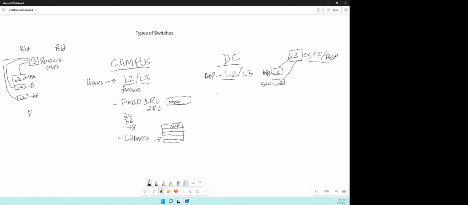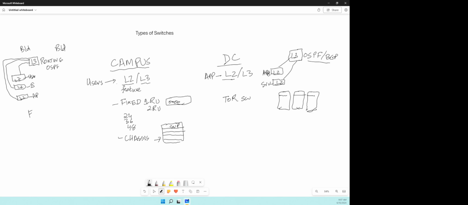Same is the case with the data center, depending on what is the scale at which you want to connect to. You would have an L2, which is typically called the top of the rack switch, if you have these racks in your data center. You would put these switches on the top of the rack.